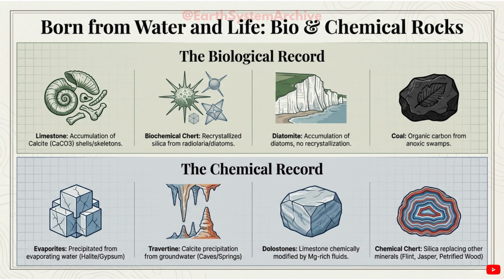Travertine. Travertine is calcite precipitated from groundwater, forming a chemically precipitated limestone, often in hot springs, caves, and lakes. Dolostone. Dolostone forms when limestone is chemically modified by Mg-rich fluids.